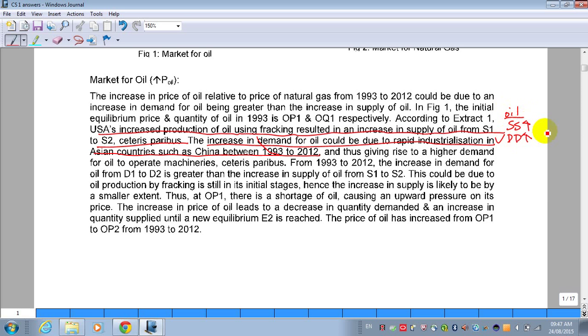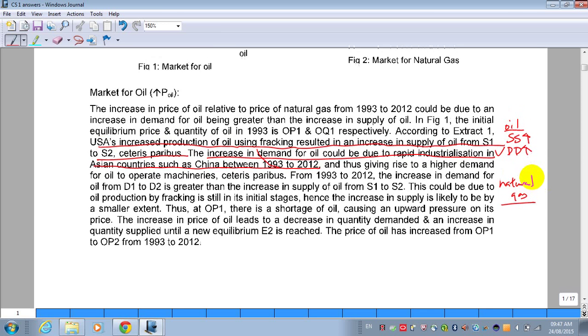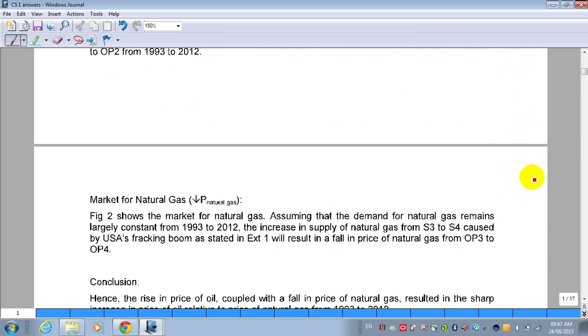Next, we will talk about natural gas. For natural gas, on the other hand, the supply also increases because this is mentioned in the extract.